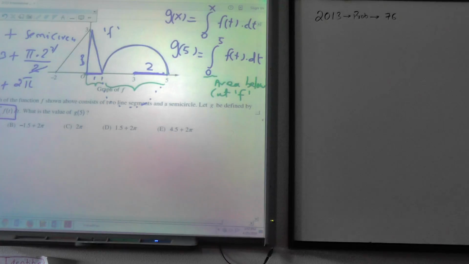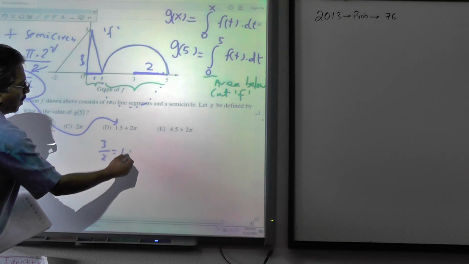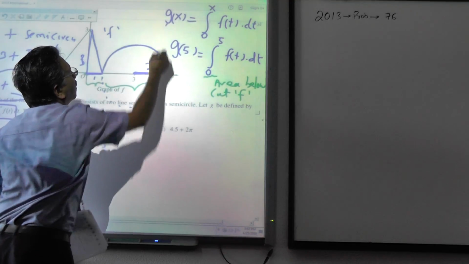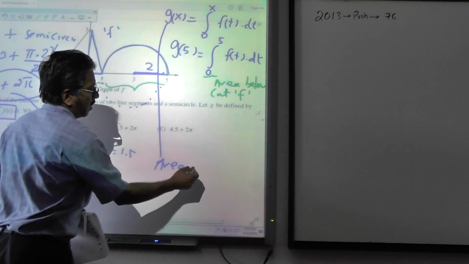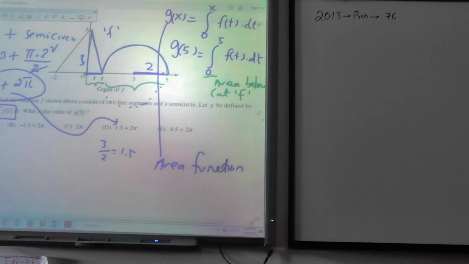Do I have this answer? You look at this, it is 1.5. So 3 over 2 is very similar to here, because 3 over 2 is 1.5. Even if the question is confusing, this g is the area function. This is called the area function. And f of x is the derivative of the area.